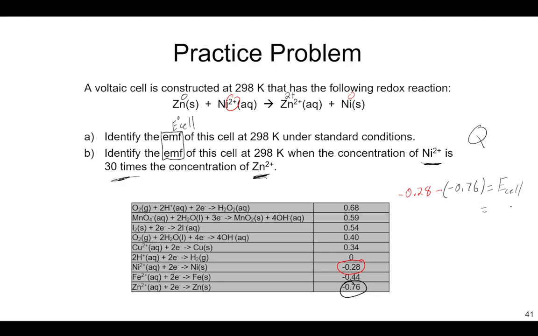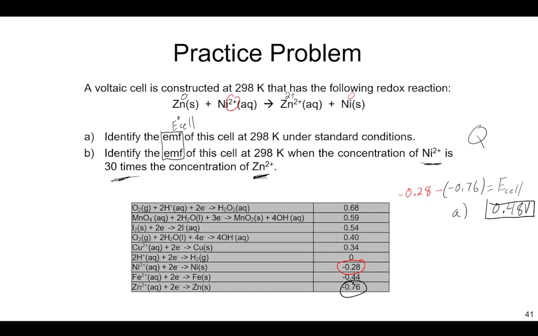And here I get positive 0.48. So this is spontaneous, right? It would correspond to a negative delta G, for example. Okay, so that's part A. E cell is 0.48 volts.